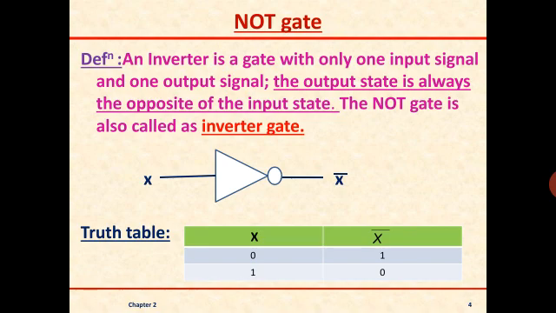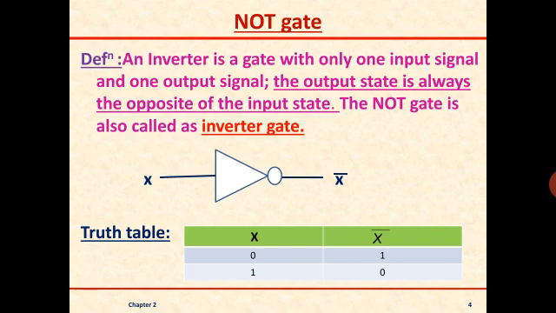So you can see in this truth table, suppose the X value is 0, then the output will be 1. Suppose the input X value is 1, then the output is 0. Here the value 0 represents low and the value 1 represents high.